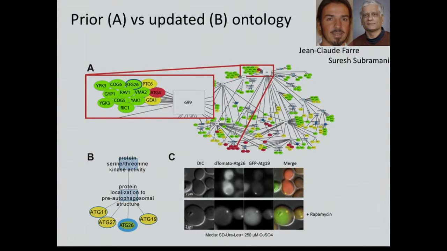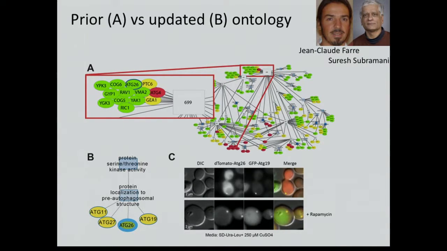It was assigned to essentially one of the highest level terms in the original version. Whereas after adding the new genetic interaction profiling data and building that new hierarchy, aligning against GO and so forth, ATG26 got placed much, much more specifically. I'm just clipping out a parent and a child term near the leaf of this ontology.